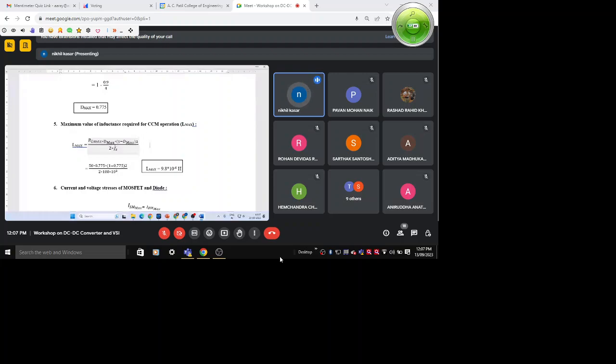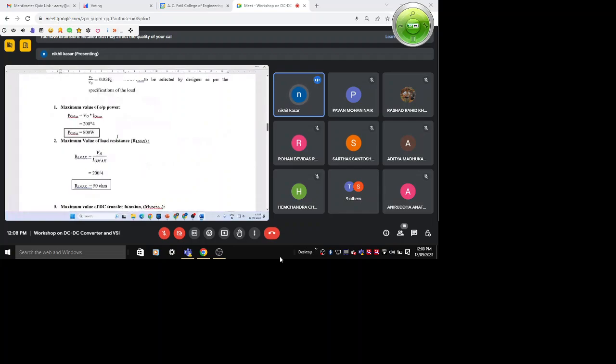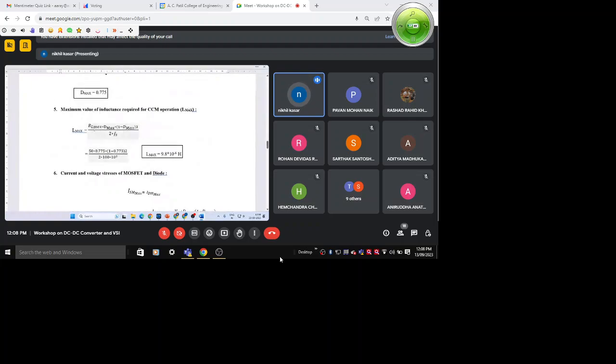While selecting the known parameters we have finalized the switching frequency to 100 kilohertz, right? So I will substitute all the values in this formula.